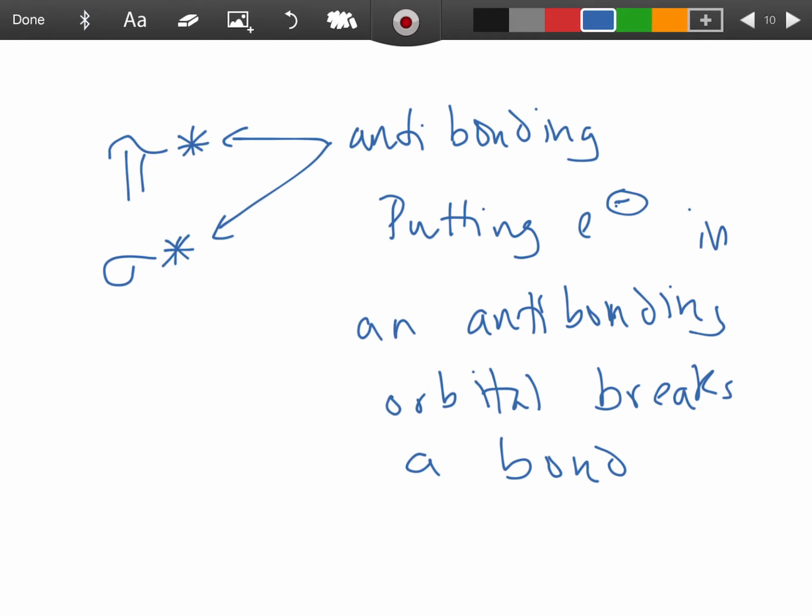So when you put your electrons into that antibonding orbital, you break a bond. Adding electrons to an antibonding orbital, as you're making a bond, you're breaking another bond. The example that you all know but don't realize you know is SN2 reactions.